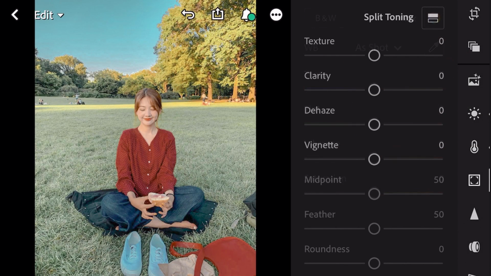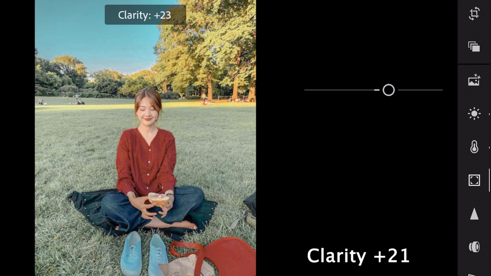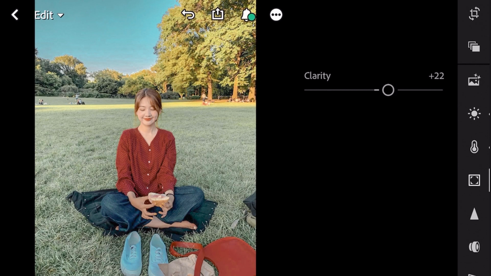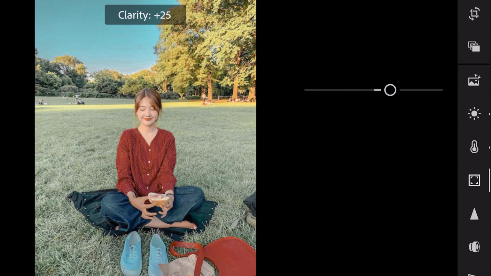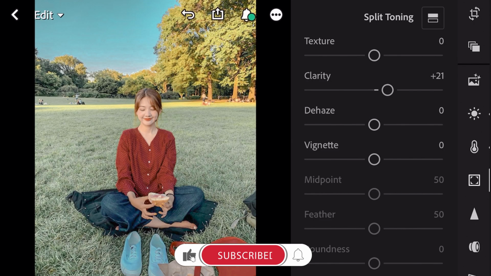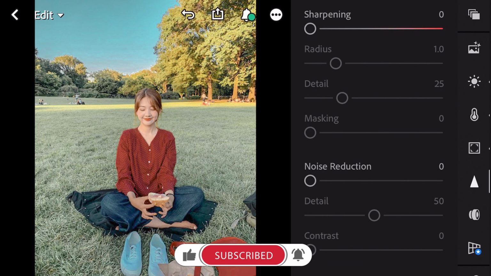Next go to Effects. Clarity plus 21. Next go to Detail.